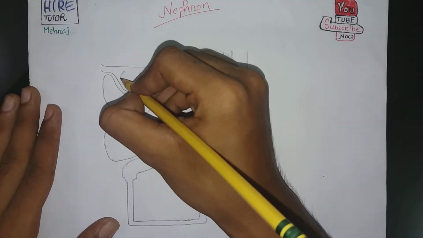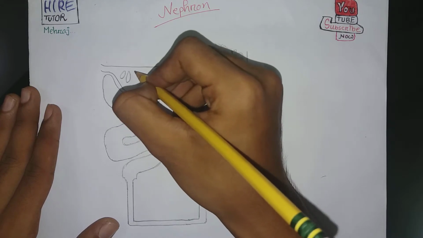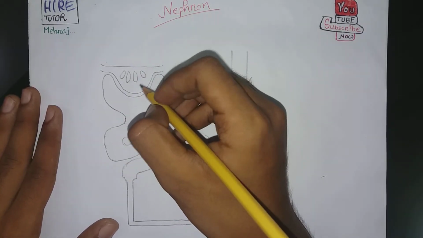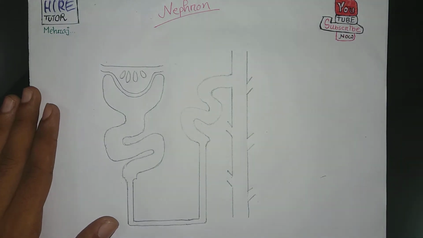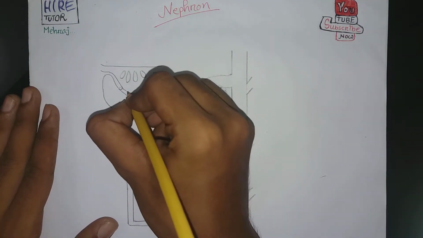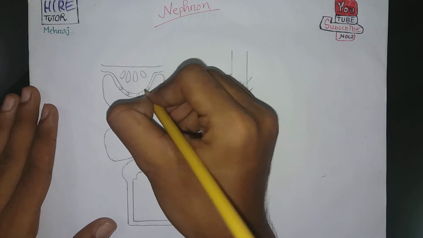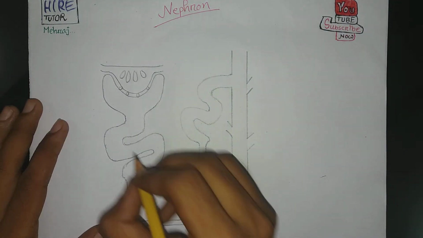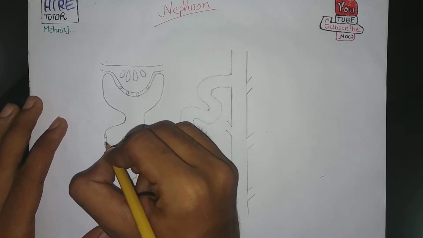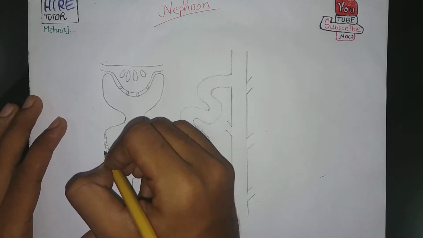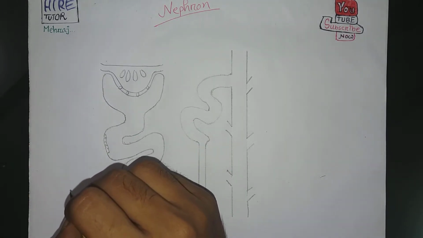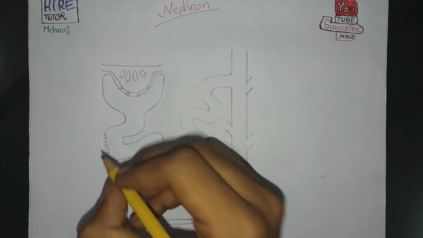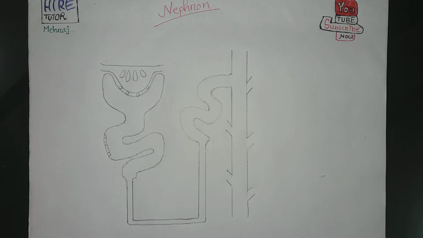Now let me decorate this, add some oval shapes here. After that, here you can give four holes. Then there are some cuboidal cells, which are called brush bordered cuboidal cell membrane.